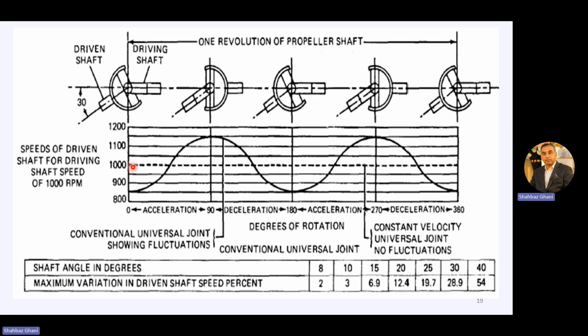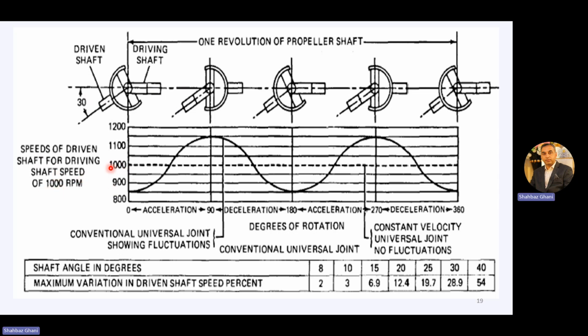Now let's see. From here to here, we have one revolution of a propeller shaft. This is your driving shaft at a fixed angle. Now the driven shaft is at a 30-degree angle. So, speeds of a driven shaft for a driving shaft of 1000 RPM.